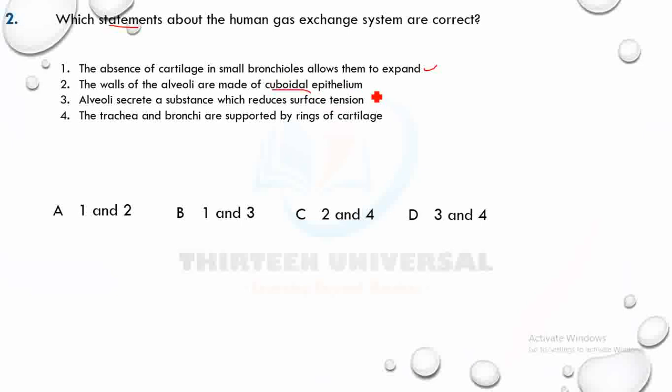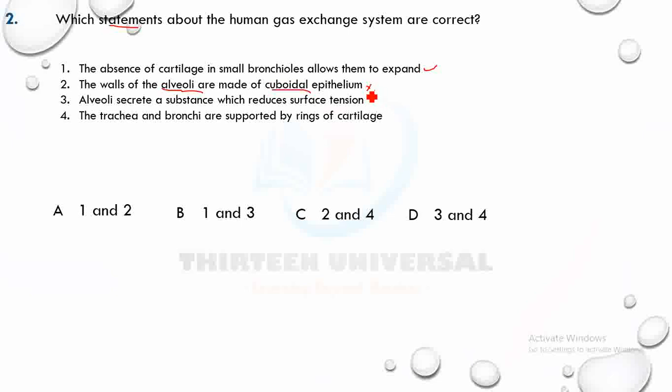Nope. The alveolus is a gas exchange surface, so cuboidal epithelia are not found in alveoli. What you find is squamous, not cuboidal. Squamous means flat and thin, to create a short diffusion distance.